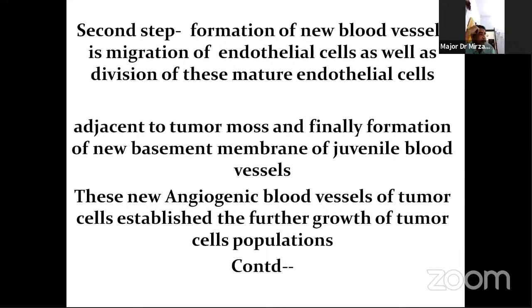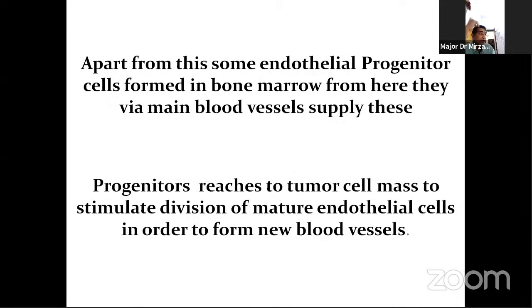These new angiogenic blood vessels of tumor cells establish further growth of the tumor cell population. Apart from this, some endothelial progenitor cells, I have told you, are formed in the bone marrow because of angiogenic factors, and they are released from the bone marrow into the blood vessels, reach the tumor area and then keep adding to tumor proliferation through several methods.